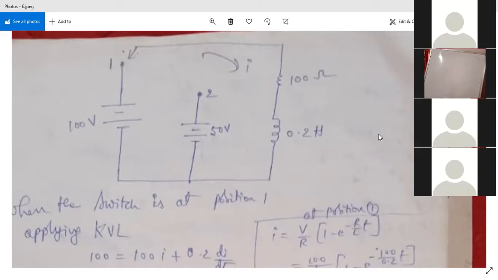See the diagram. In the diagram, 1 and 2 is there. 1 is position 1, 2 is position 2. Switch is closed on position 1 at t is equal to 0.